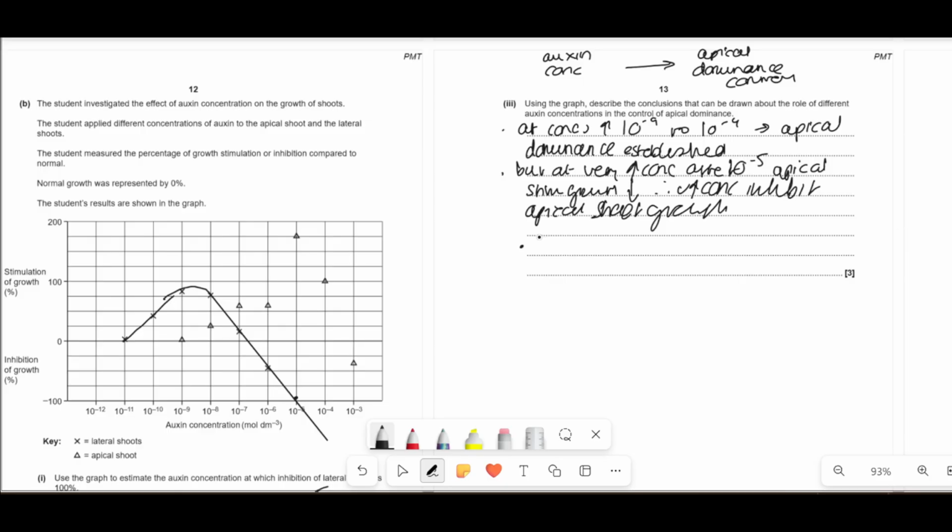And remember that, like I said before, with lateral shoots, when you've got that apical dominance, the lateral shoots are suppressed. So we need to look at what's going on here. If we look at the lateral shoots, you see at these lower concentrations, it's starting to get positive growth here, stimulation of growth. So at lower concentrations, lateral shoot growth is stimulated. I'm being very lazy with how I've done that.